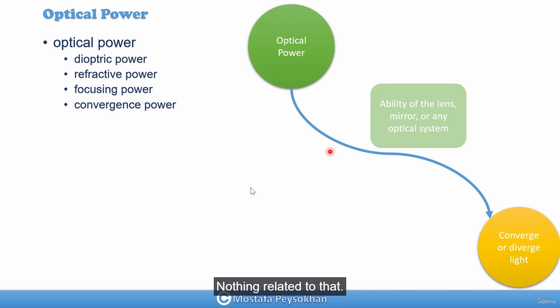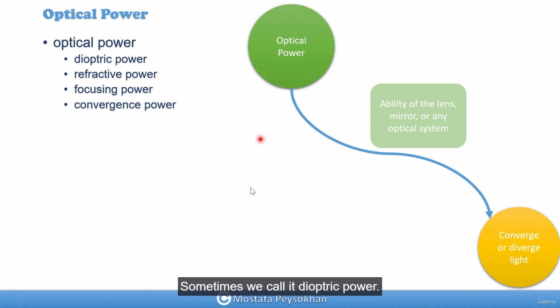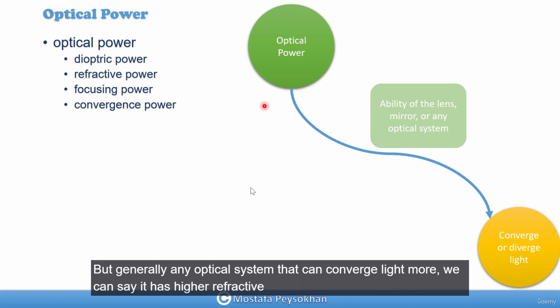It's just related to the ability of the lens to focus light. We have different names for optical power. Sometimes we call it dioptric power, refractive power, focusing power, or convergence power. Generally, any optical system that can converge light more, we can say it has higher optical power.